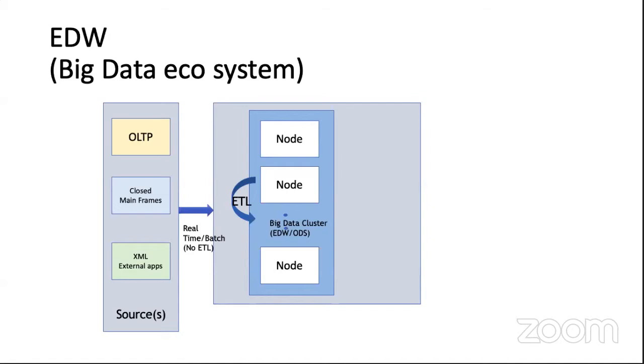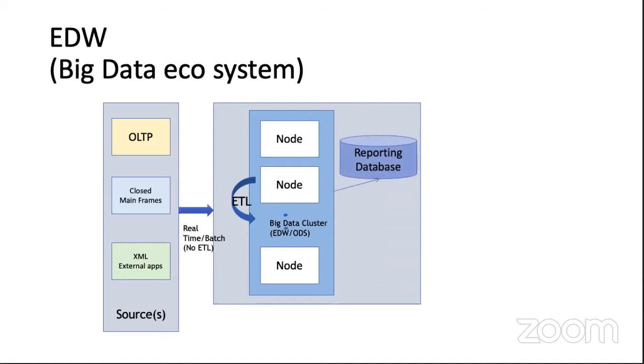It can be data science based applications, or this can act as a source for some of the microservices in a microservice architecture, and so forth. We will get into those details at a later point in time. For now, we'll just keep the scope from the EDW perspective.